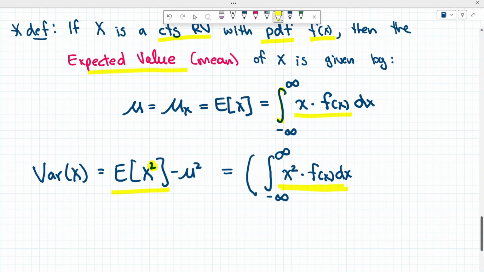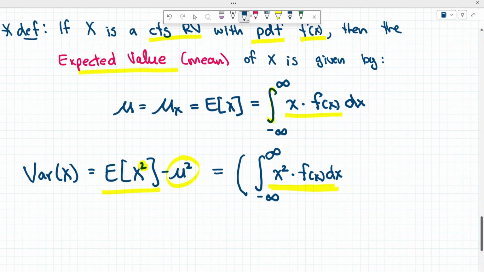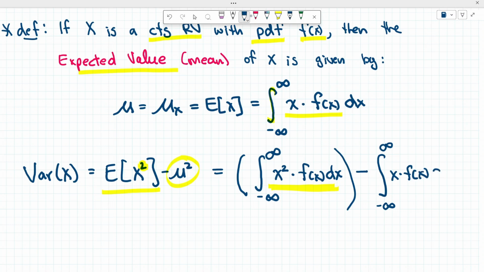This term is this term. And now let's do our negative mu squared. So that is simply this one over here. So we do minus the integral from negative infinity to infinity of x times f of x dx, and then remember we're squaring on the outside.